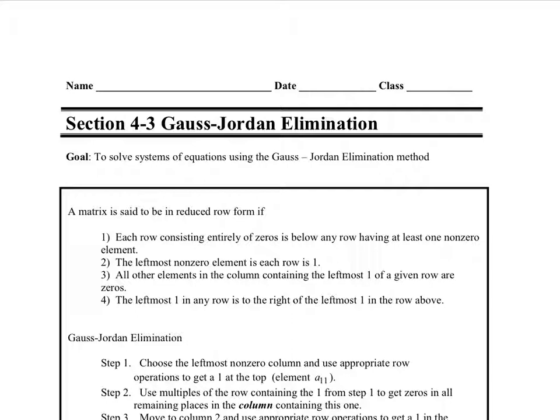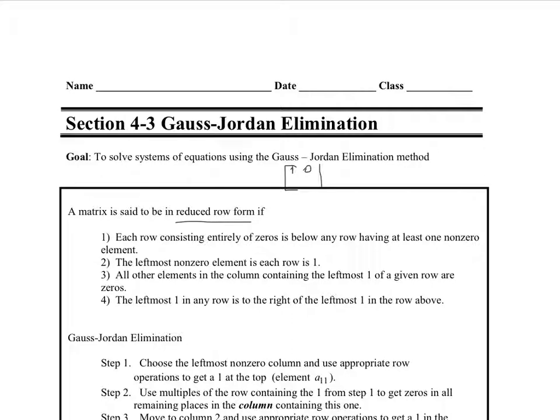Now, let me just remind you before we start what it means when a matrix is in reduced row form. I'm going to draw an illustration for you here. If it's the same size matrix we've been working with, a system of two equations with two variables, the uppermost element in the top row left is a 1. So we would have 1, 0.